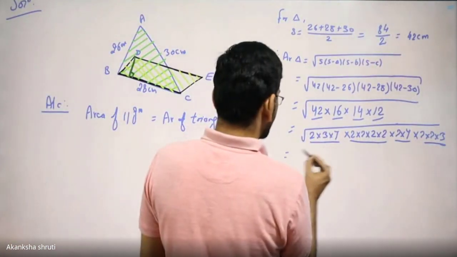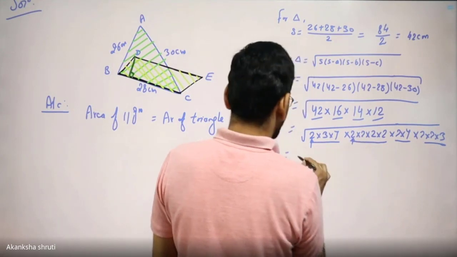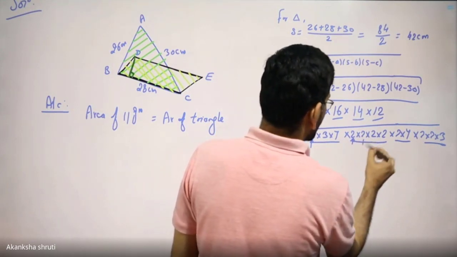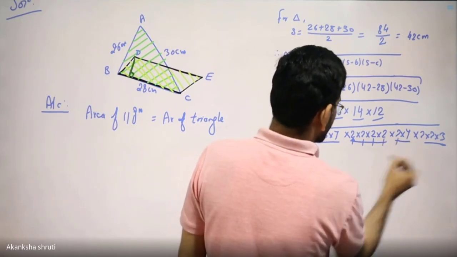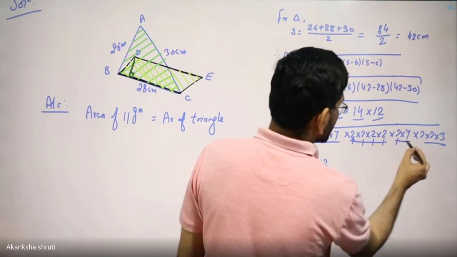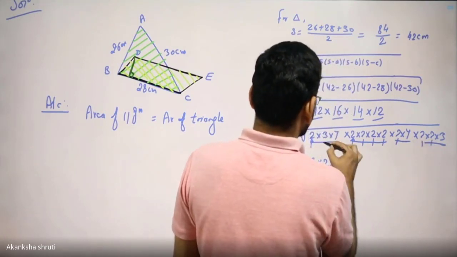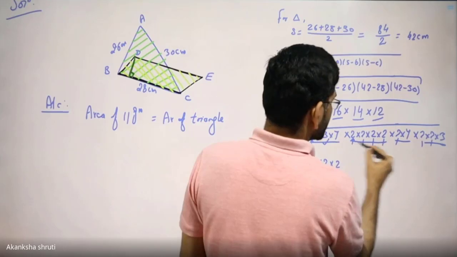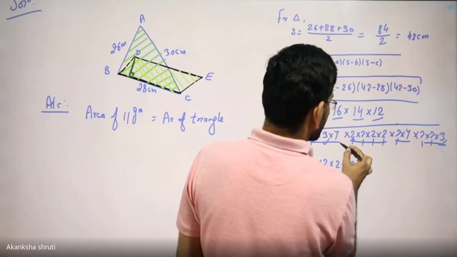Therefore collect the 2s. One of the 2s is taken from here, then another 2, another 2, and another 2, so we get 2 to the 4. Considering the 3s, there are two 3s, so one of these 3s can be taken. Is there more 7?